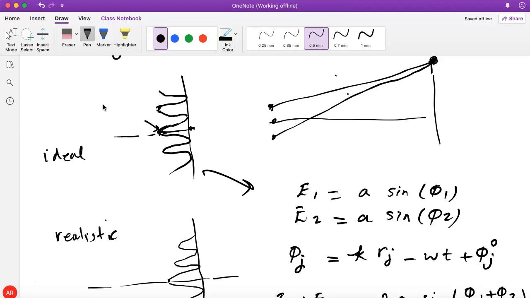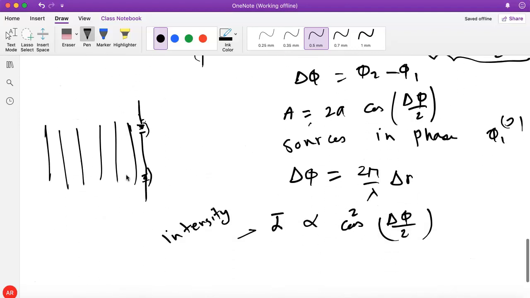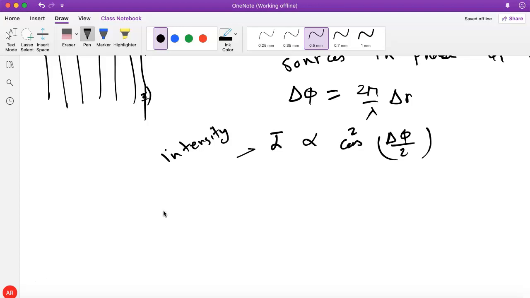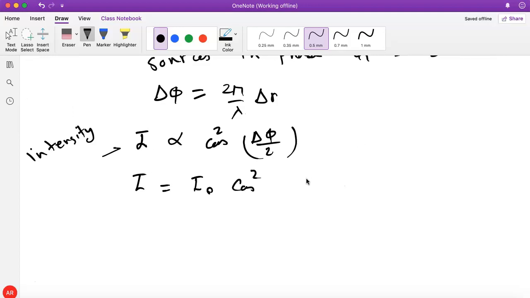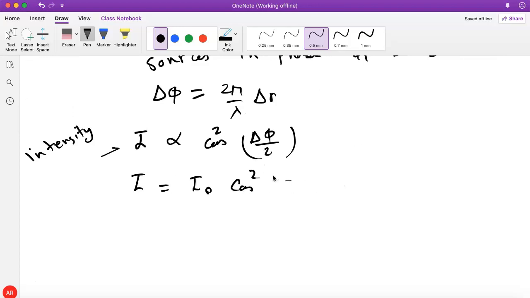So let's say here your intensity is I naught, maximum intensity, and that's when that cosine squared is 1. So we can write I is I naught times cosine squared of delta phi over 2, which is pi over lambda times delta r.